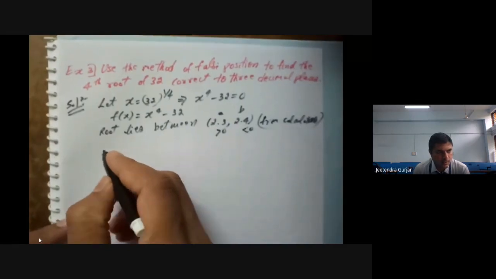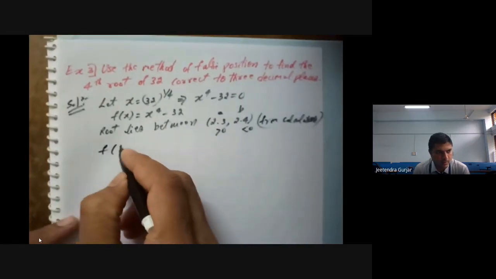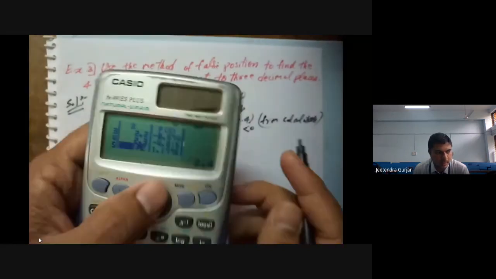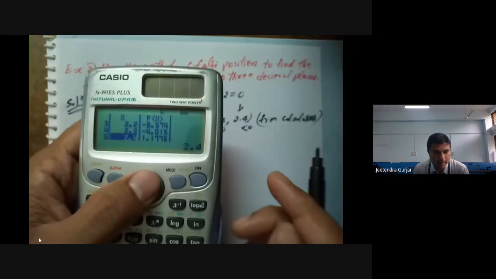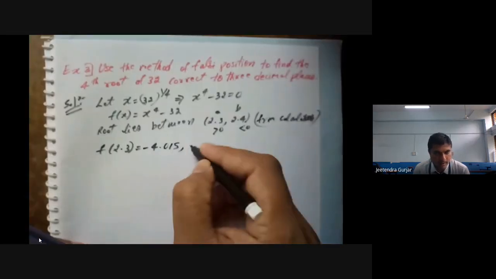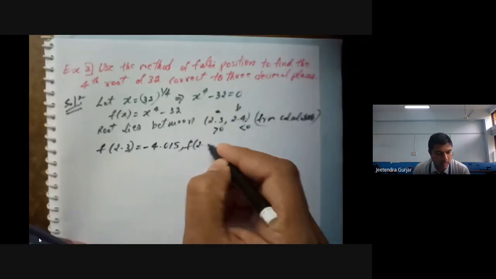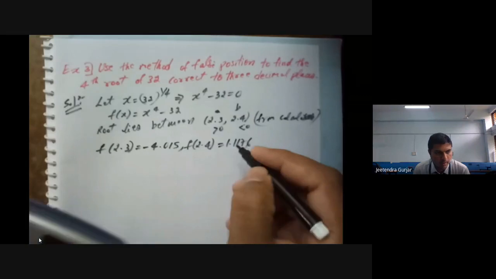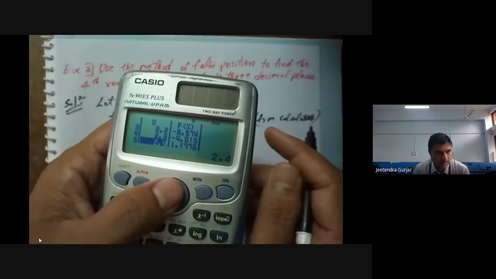So we'll go with f of 2.3. I'm using the calculator every time so that you will understand. So continue this now. As I was saying, f of 2.3, how will you simplify? Substitute the values in the calculator, you will get minus 4.015, and f of 2.4, substitute there, you get 1.1176.